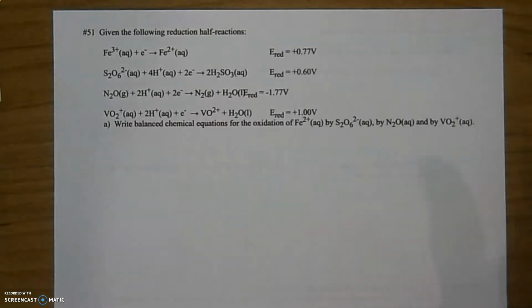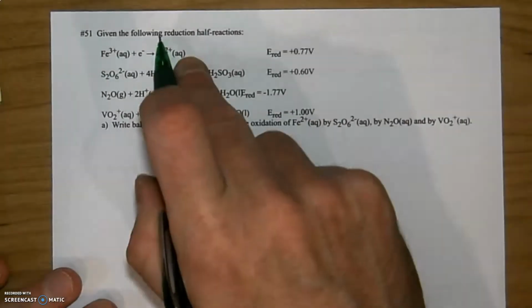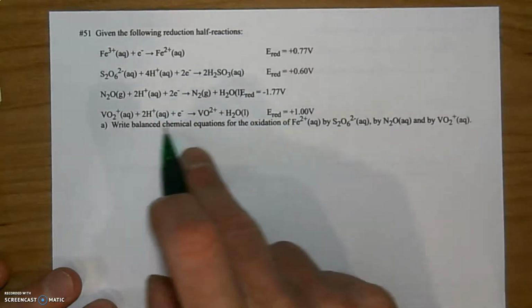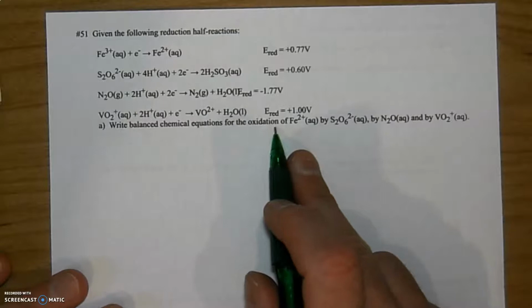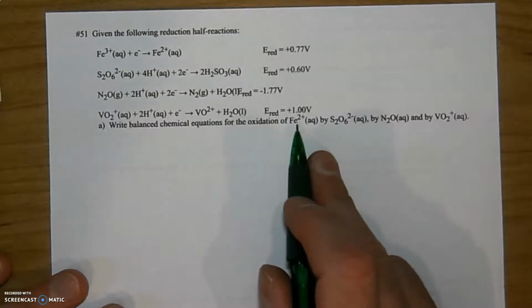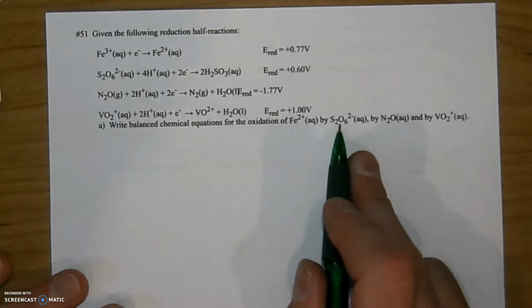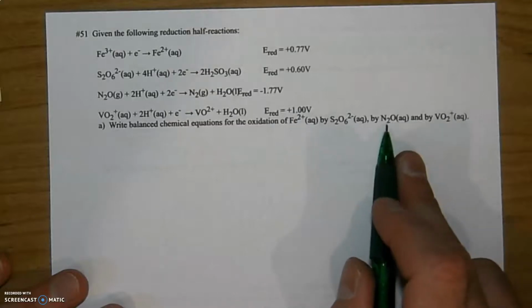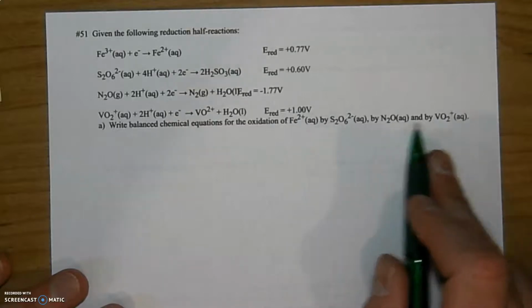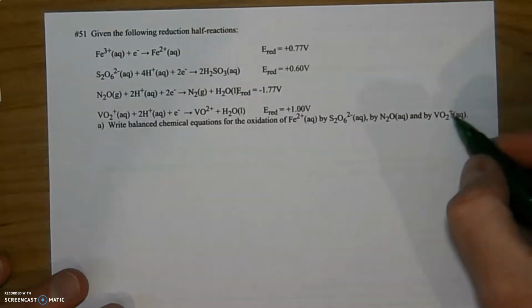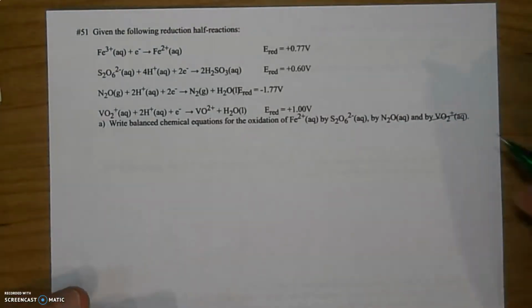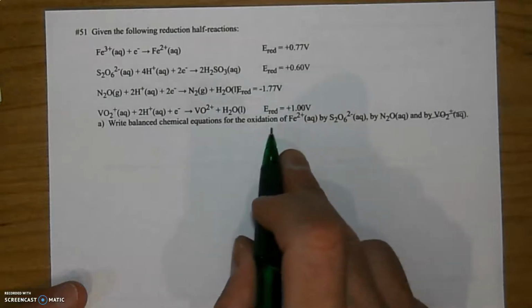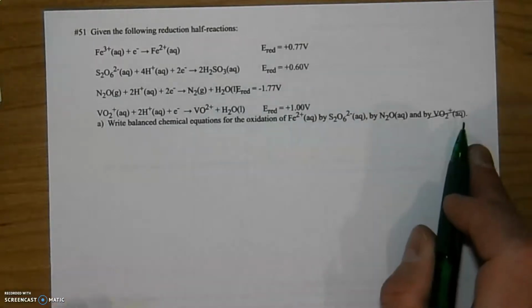We have 4 equations, and we want to write balanced chemical equations for the oxidation of iron by thiosulfate, by nitrous oxide, and VO2. VO2, we're going to ignore that one. So we have to set up 3 different equations. Write the balanced chemical equations for the oxidation of this by these 3 substances.